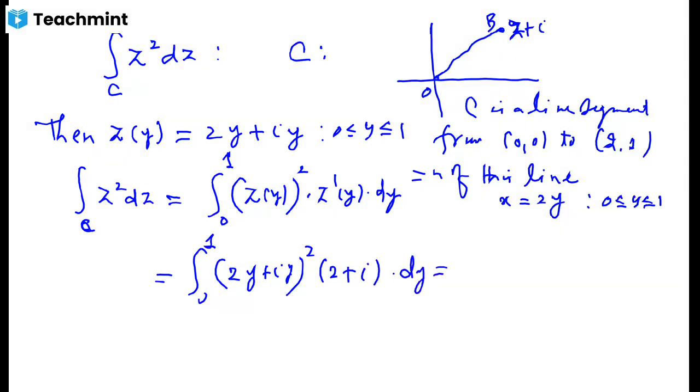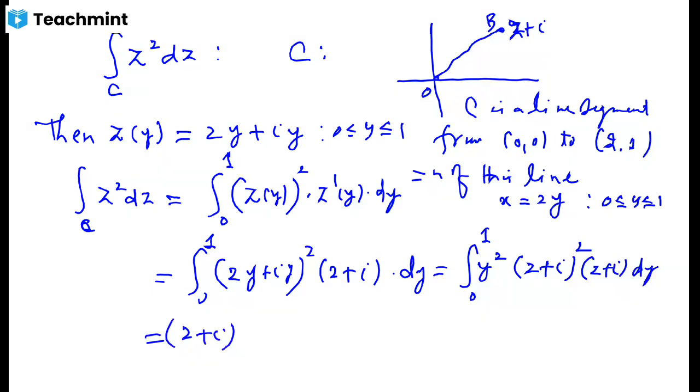And if you want further simplification, you bring out the y square. You will be left with (2 plus i) square into (2 plus i) dy, that is (2 plus i) whole cube, being constant. You bring it out, and the integral from 0 to 1 of y square dy you just compute as a real integral.